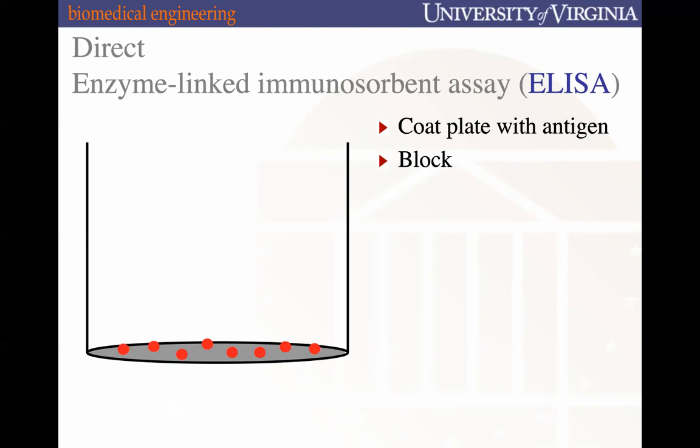So whatever you use here, oftentimes it can be albumin, as I mentioned before, it can be casein or milk protein. You are blocking all the non-specific binding that can occur. Because again, these plates are charged and they will want to bind to proteins, so because we're using a charged plate, we want to try and occupy all of those binding sites non-specifically.